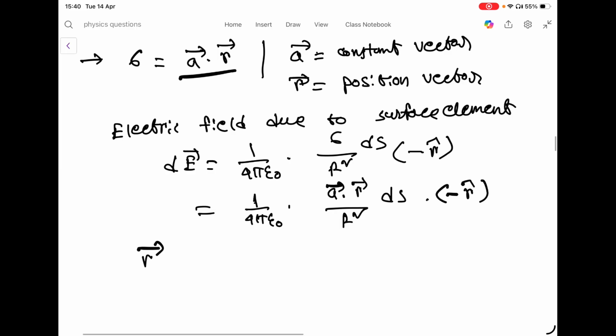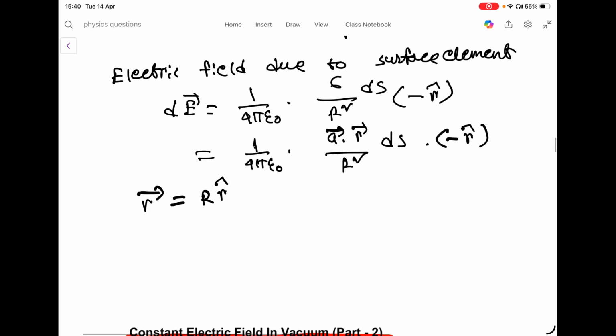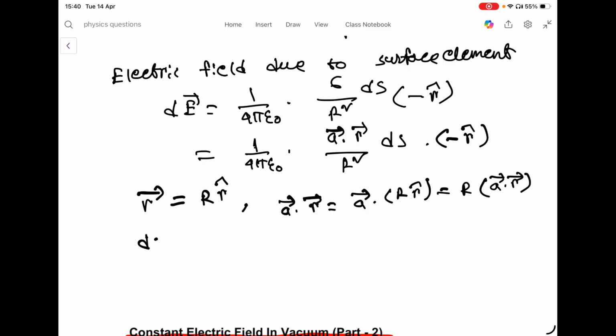Now use these things. R vector equal to capital R into R cap. So what will you get here? You can put A vector into R vector equal to A vector into R into R hat. It will become R into A vector into R vector. Right? Easily you can solve this form.